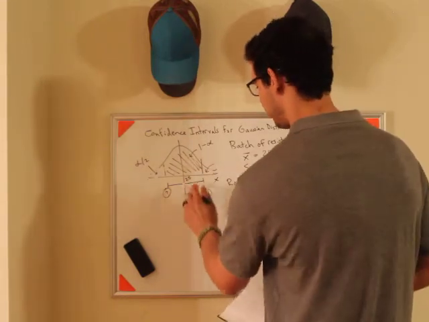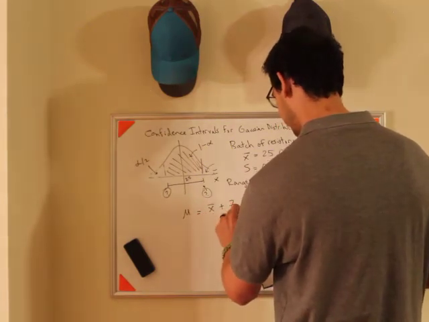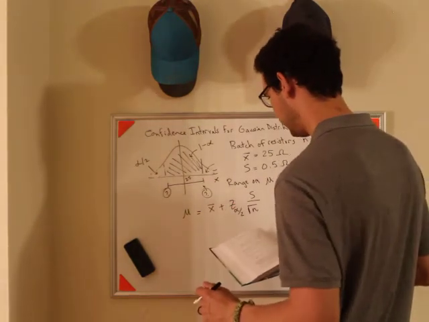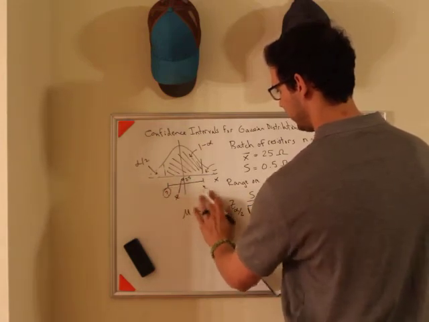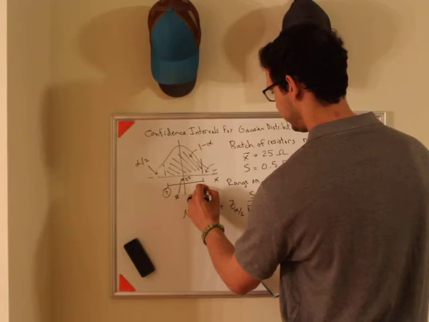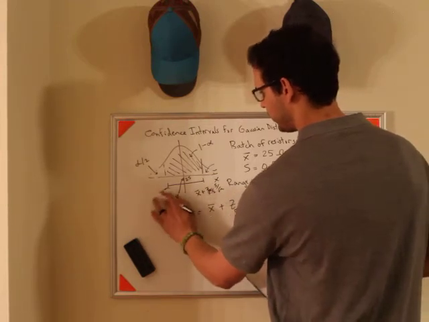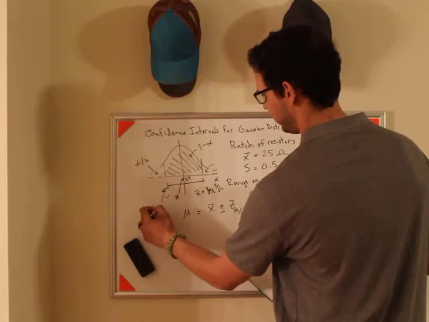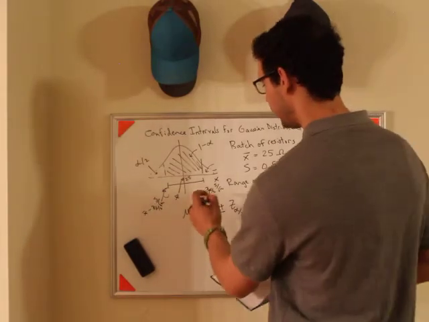This number over here is going to be your sample mean plus z alpha over 2, and I'll explain that in a minute, times s over square root of n. X bar is this here, and this number here is x bar plus z alpha over 2, s over root n. This number over here then is just going to be minus, so x bar minus z alpha over 2, s over root n. So what is this z alpha over 2?